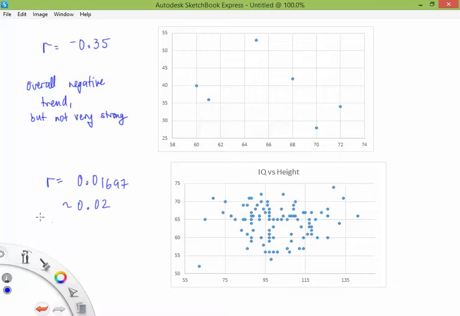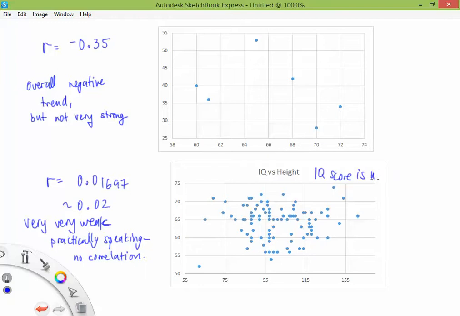So this is very, very weak, or, practically speaking, no correlation at all. We're asking, is someone's IQ score related to their height? No. IQ score is not related to height, according to this data.